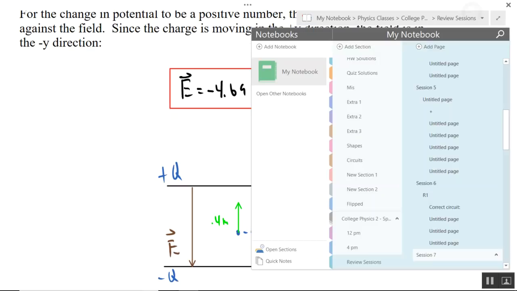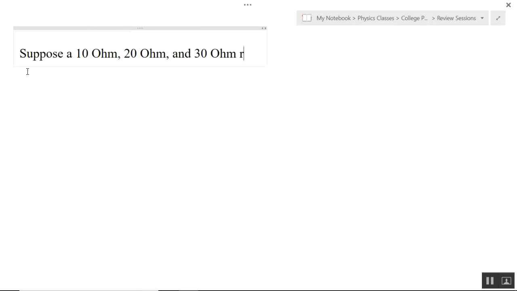As an example, let's see if you can answer a question like this, maybe with numbers. Suppose a 10 ohm, 20 ohm, I'm going to make the numbers easy, and 30 ohm resistor are connected in series.